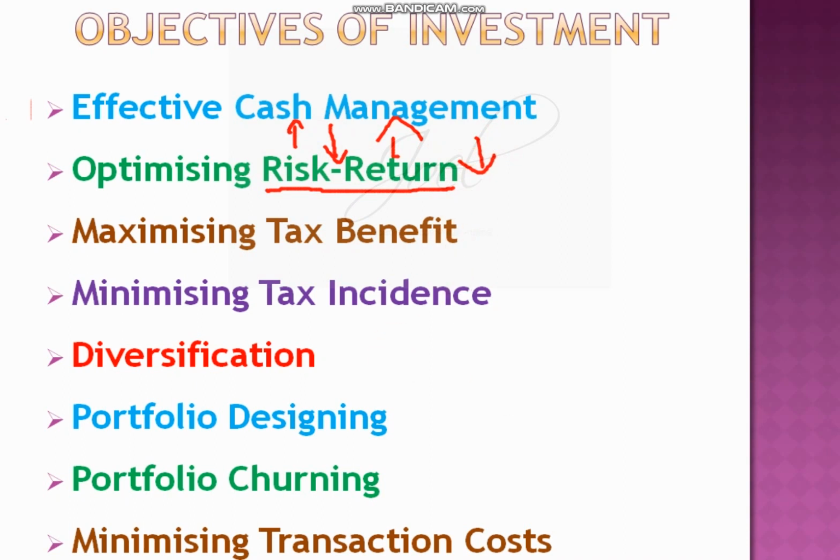Whenever you are investing, you have to study this risk-return portfolio properly, and invest in such avenues where there is more return and less risk. Risk should always be less. With less risk you should get more return. Such investment avenues you can always choose.